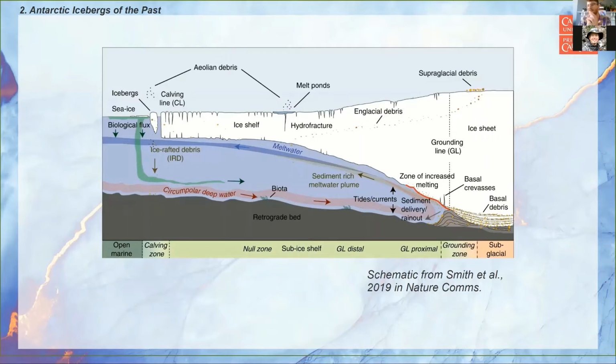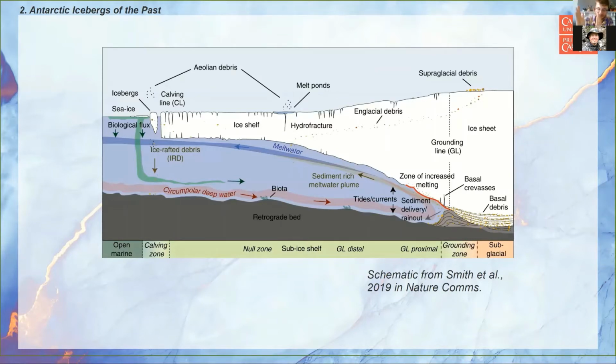You have supraglacial debris, so gravel from, say, up in the Antarctic mountains. You have dust as well settling on top of the ice sheet. And all of this gets frozen into this kind of microcosm in the iceberg. And you have this picture of where the ice originated, this signature, this character stored in the ice.